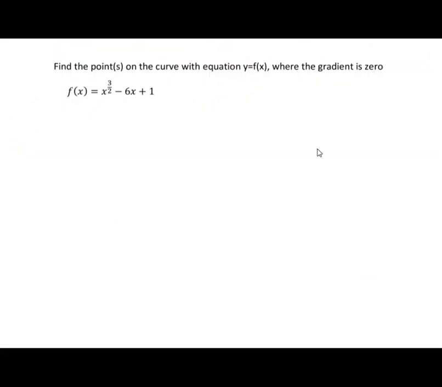Let us look at another example. Find the points on the curve with equation y equal to f of x, where the gradient is 0 and f of x is equal to x raised to 3 over 2 minus 6x plus 1.